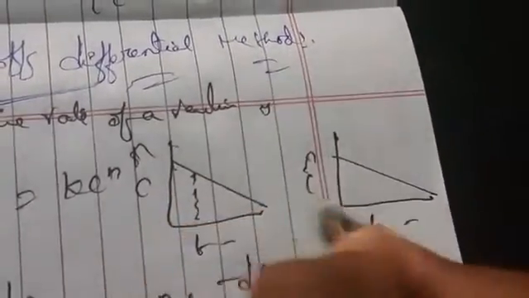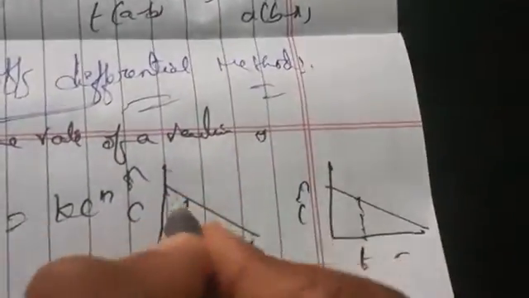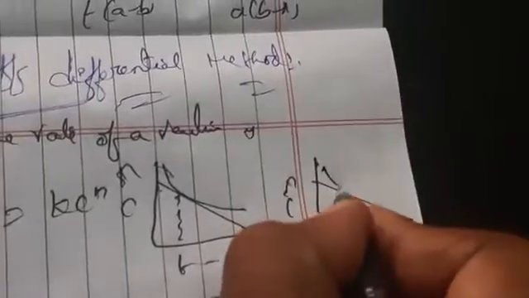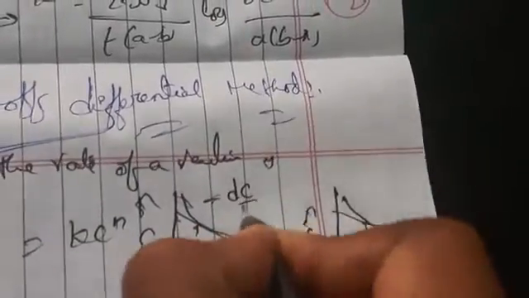At one point the curve touches a tangent with a slope, and the curves look like this. That is, minus dC1 by dt and minus dC2 by dt are the slopes, with concentration on the y-axis and time on the x-axis.